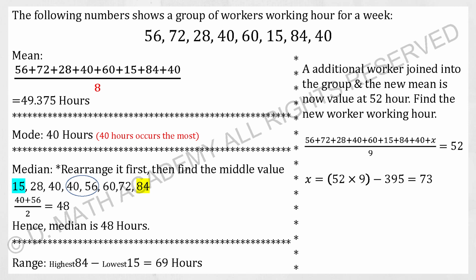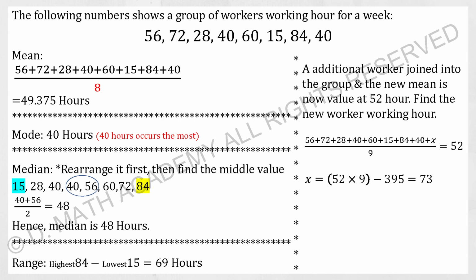For the median, it simply represents the value in the middle. The first thing you have to do is reorganize everything from smallest to biggest, and trace back to find the value at the middle. If it's an even amount of numbers, you add the two middle values up and divide by 2.